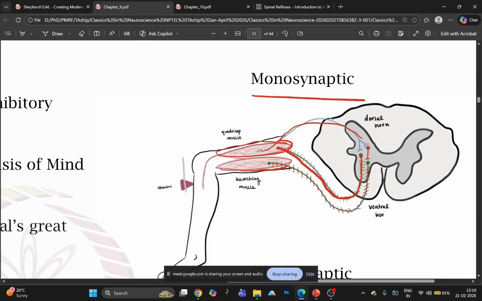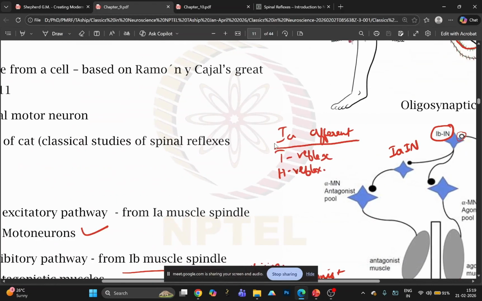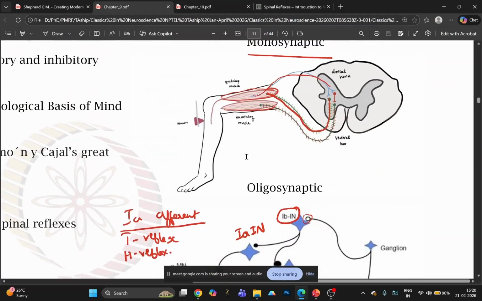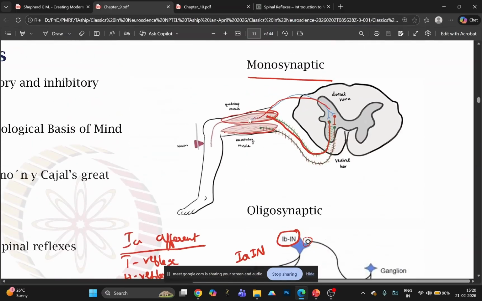This causes a stretch of the quadriceps muscle. Now, when that happens, the sensory afferents, basically the 1A, from the muscle spindle present in the quadriceps muscle get activated. We discussed this muscle spindle, right?